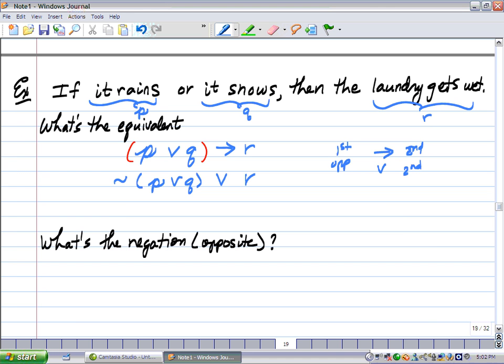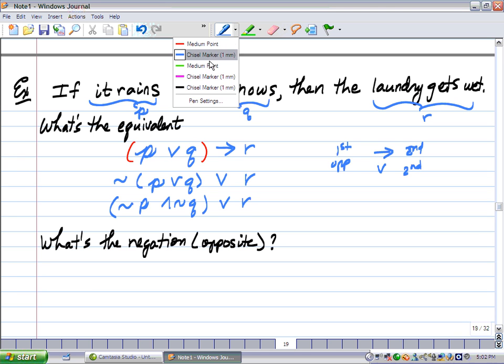Okay, now using De Morgan's law, that's going to become not P and not Q, or R. So what would that be in English?